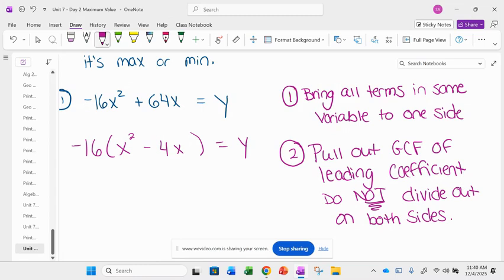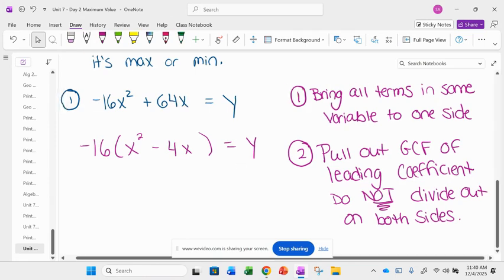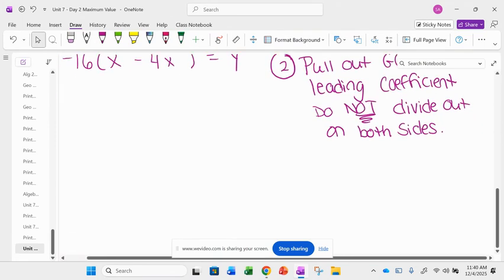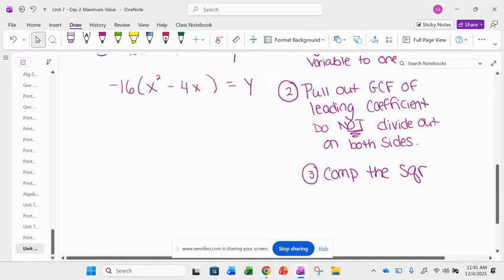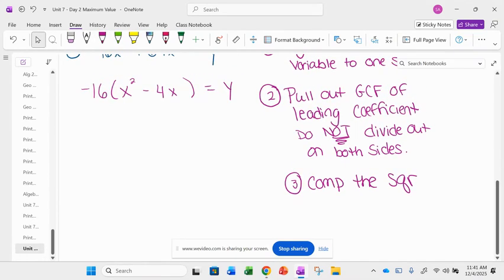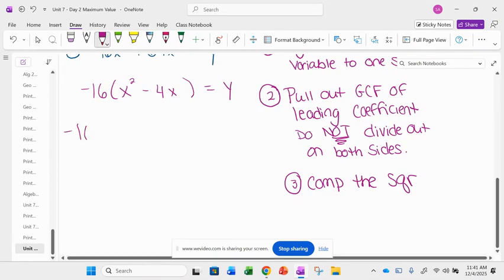All right, now we're going to complete the square. So we go inside our parentheses and complete the square there. Half of 4 is what? 2. 2 squared is 4.